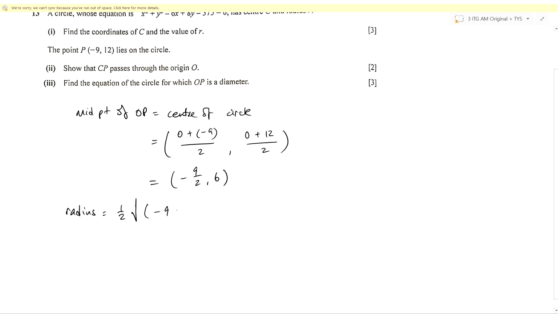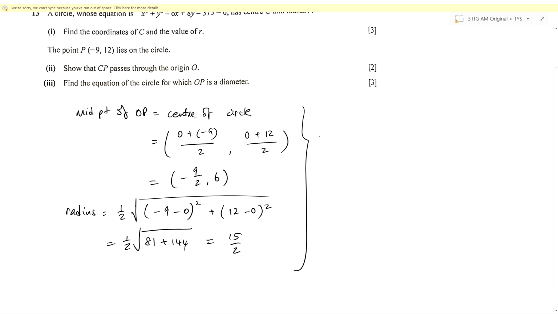So -9 plus 0, or rather minus 0, but it doesn't matter. We square it, we add that to 12 minus 0, we square this also. So we have 81 plus 144. This is 15/2. That is our radius.